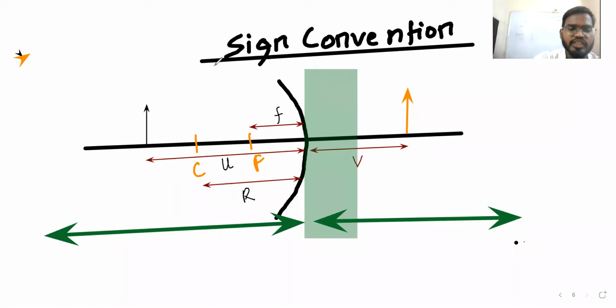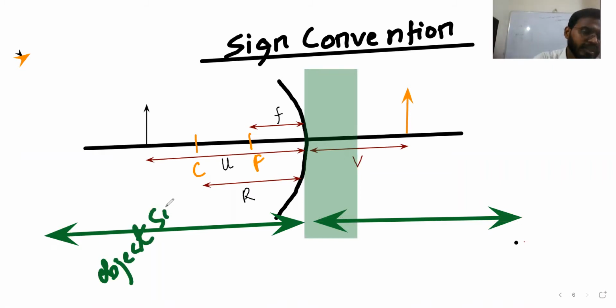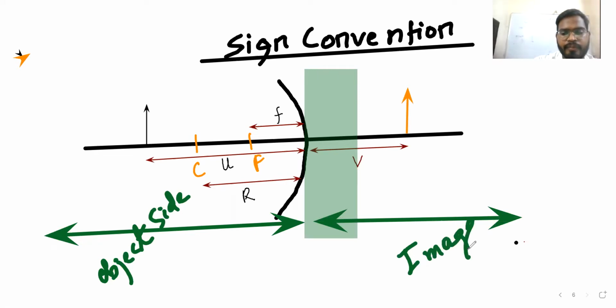Now see, this is the object side and this is the image side. On the object side, any distance is negative.